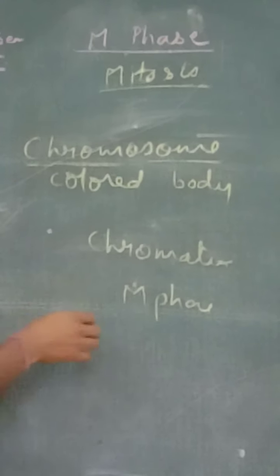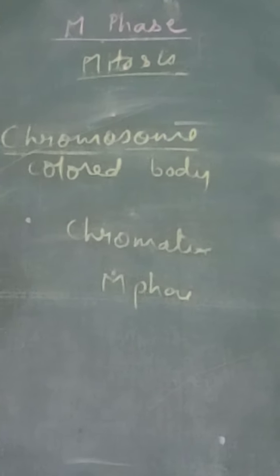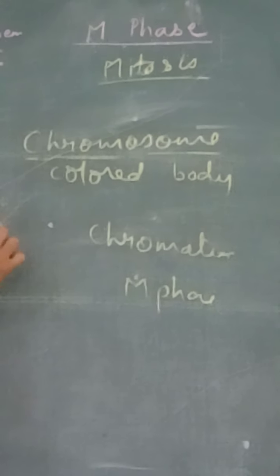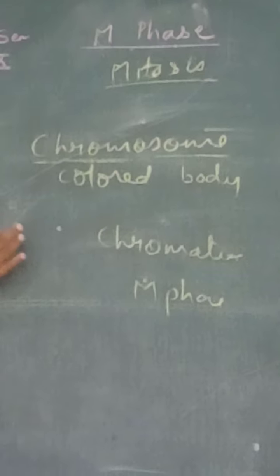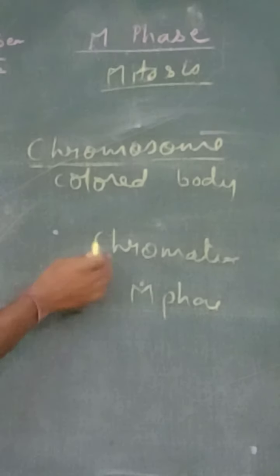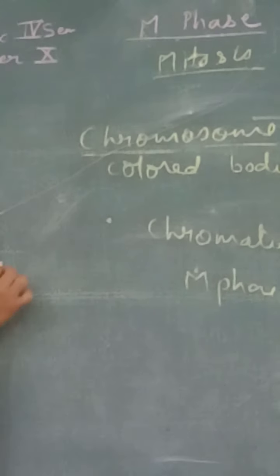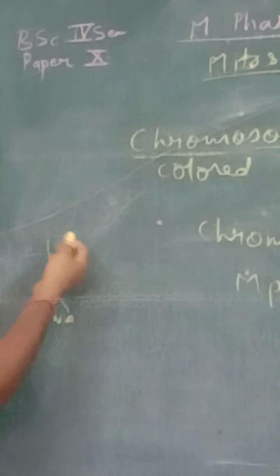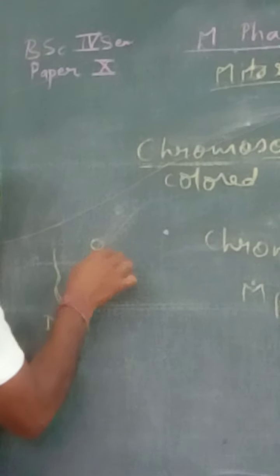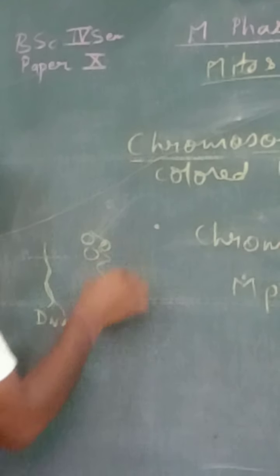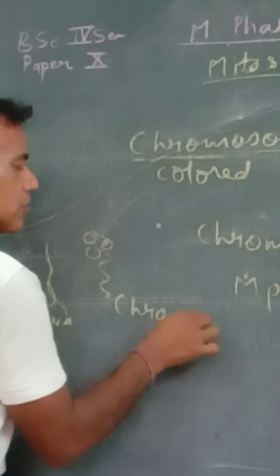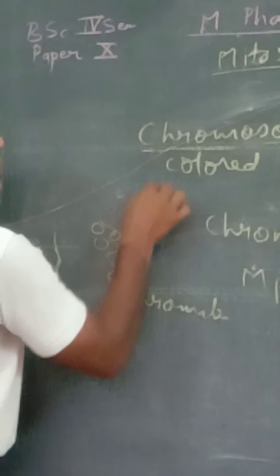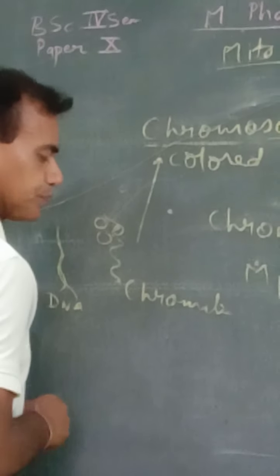Now, another question, what is chromatin? Chromatin is the unraveled structure of DNA which is meant for packaging. If we start with the DNA, like this is DNA, when it binds with the histone proteins, it becomes chromatin, and when it condenses, then it becomes chromosome.